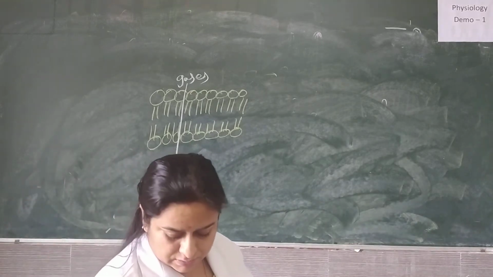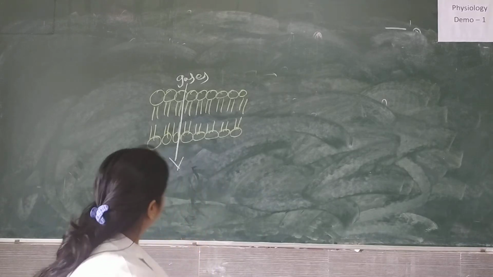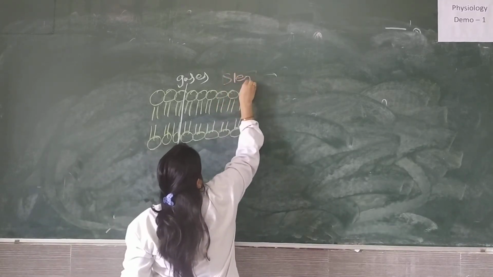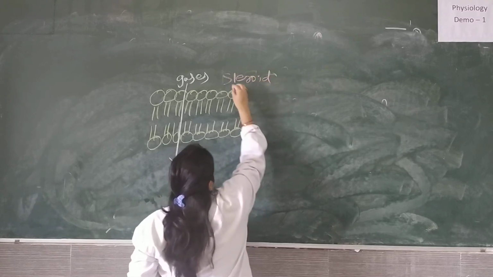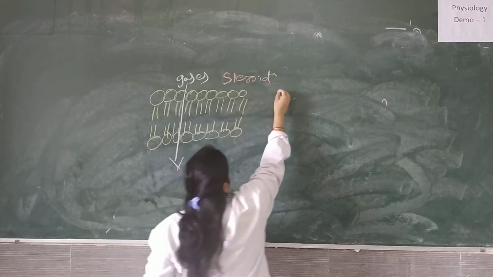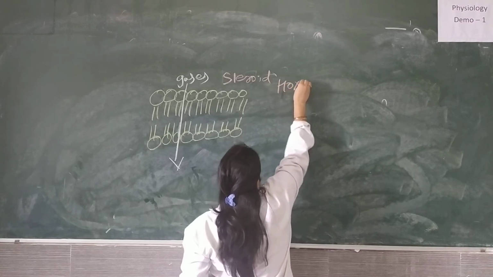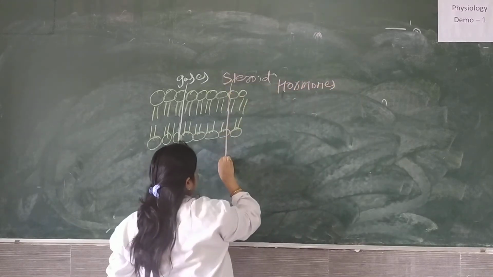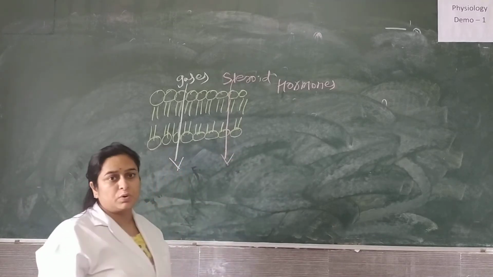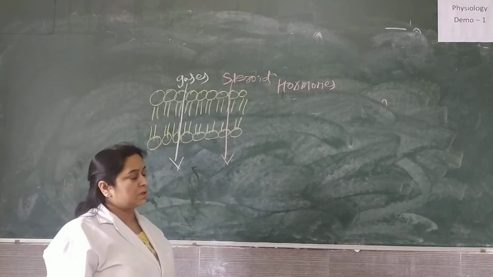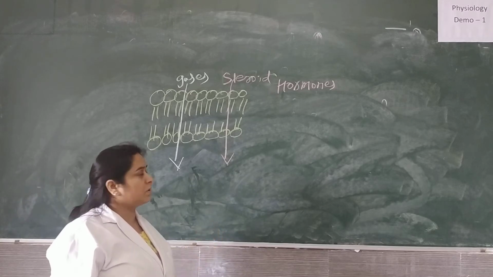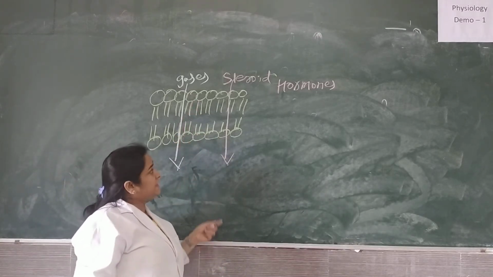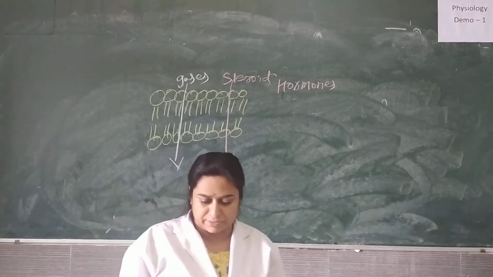Then steroid hormones can easily pass through the membranes. Examples of steroid hormones are testosterone, progesterone, vitamin D, and so on. Even lipid soluble drugs can easily pass through the membrane.